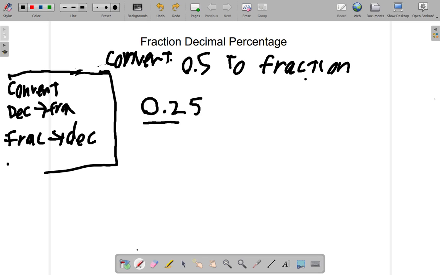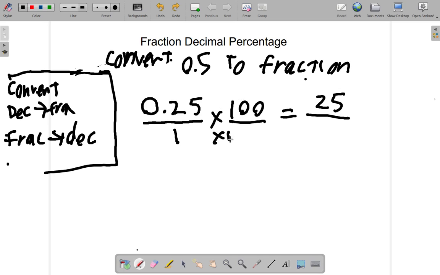So I'll take advantage of that and put this over 1. What do you multiply the 0.25 up here by to get a whole number? You can multiply it by 100. So up top, 0.25 times 100 gives you 25. Down here you multiply by 100 too. You notice 100 over 100 is 1. So it's like multiplying the 0.25 by 1. What you get is also 0.25, but it looks different, but it's the same size.